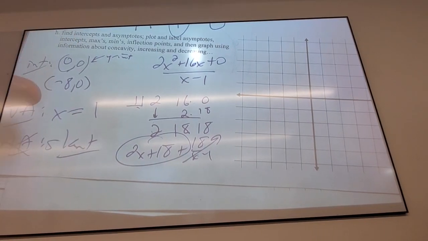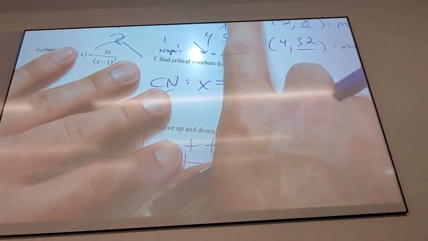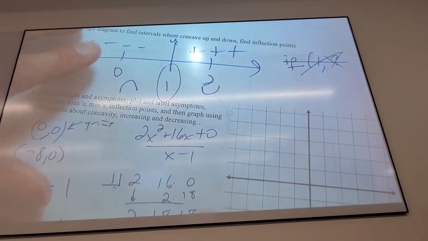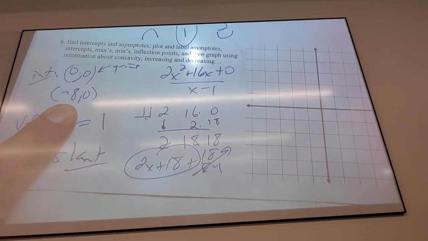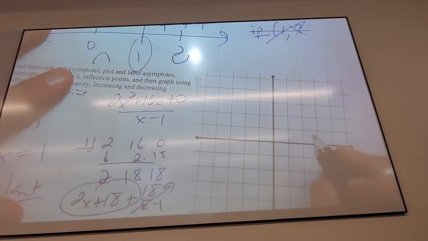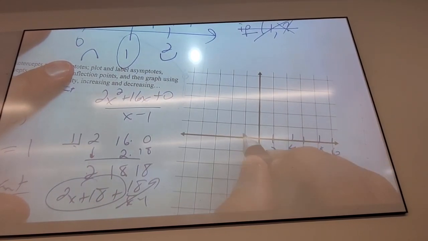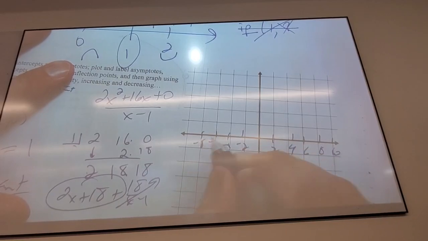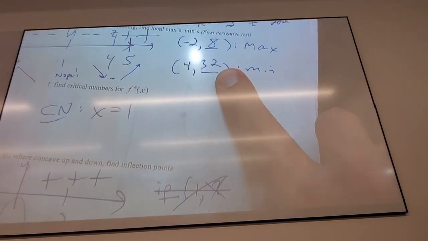So, let's see. What do we need? We need my intercepts. Here they are. 0, 0, -8. So I've got a -8 input, right? I've got -2 and 4 up here. So I might as well go by 2s. 2, 4, 6, 8, 10. And then my y, I've got to get up to like 32.